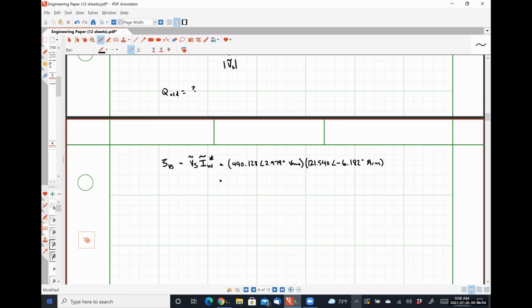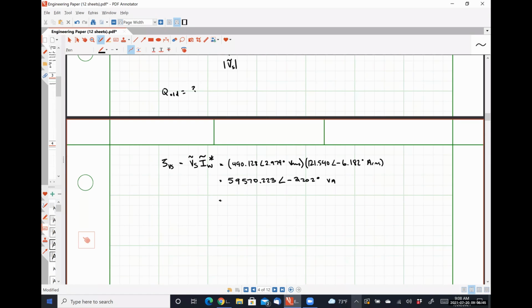So let's see, that's going to be B times the conjugate of what I have stored as A. 59,570.223 with an angle of negative 3.202 degrees, volt amperes.